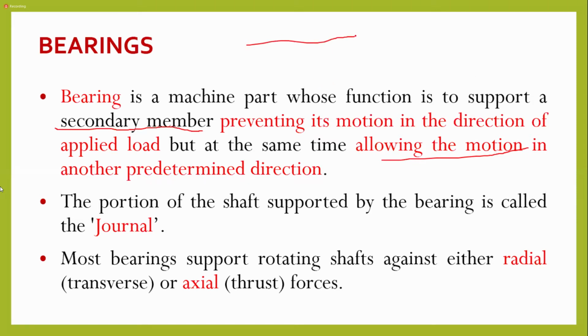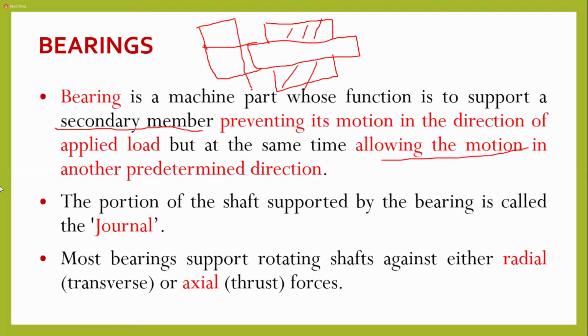That means this is the secondary member, and this is a bearing. What it is doing is preventing the motion in the direction of the applied load. Let us suppose we have a gear here, or anything.